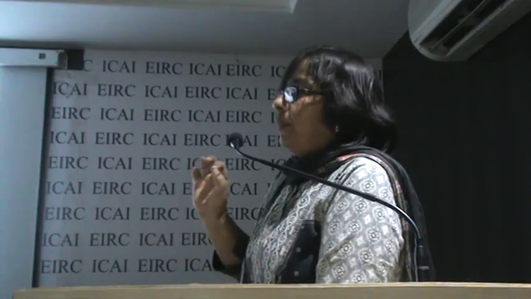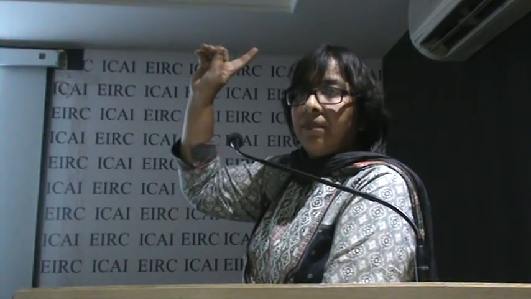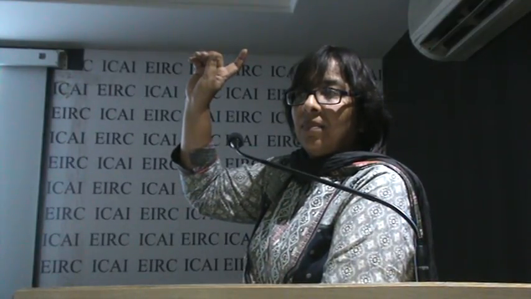Now, when I am looking at this, the first criterion of an asset is that it generates economic benefit. Ind AS 1 gives the definition of the asset. It generates economic benefit and can be reliably measured. Okay? That is the definition of an asset. Is there anything else in the definition?